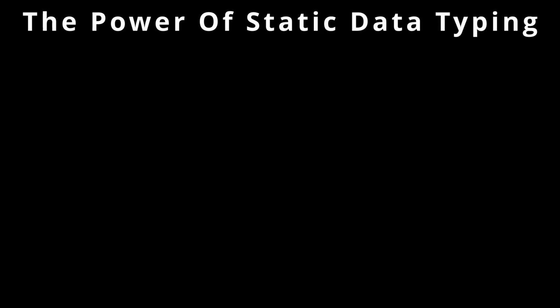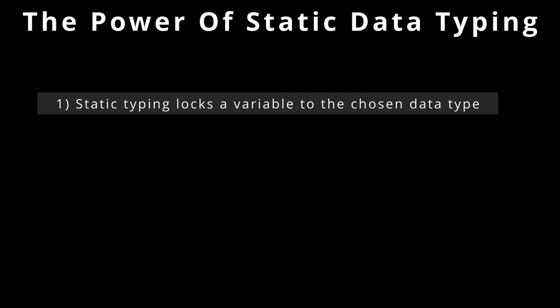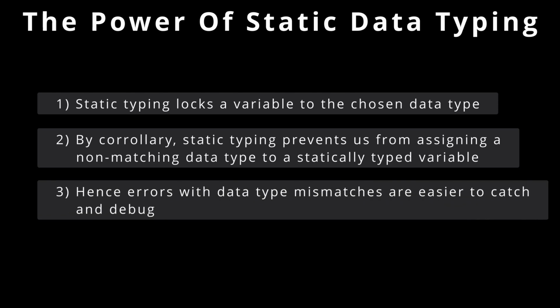Let's take a moment to talk about the power of static data typing. We've already seen some of the benefits of static typing in passing, but let's be more specific and itemize the main benefits. Static typing locks a variable to a particular data type. By corollary, static typing prevents us from assigning a non-matching data type to a statically typed variable. Because of this, errors with data type mismatches are easier to catch, and hence debug.